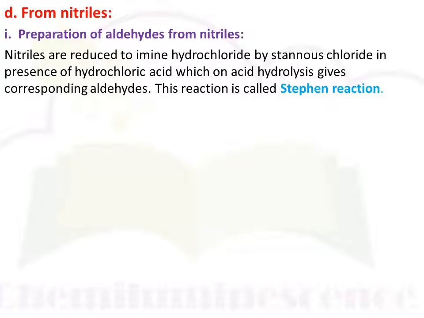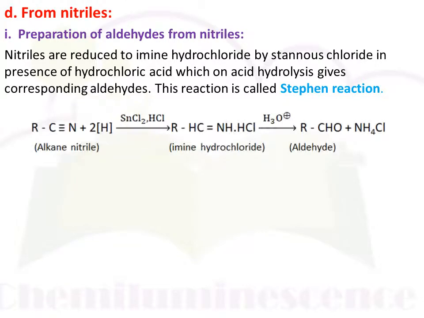This reaction takes place in two steps. In the first step, nitrile is reduced to an imine, and in the next step, this imine on acid hydrolysis gives the corresponding aldehyde. Let's see with the help of an example. This is the formula of alkane nitrile. Alkane nitrile on addition of hydrogen in presence of stannous chloride in hydrochloric acid gives imine hydrochloride.